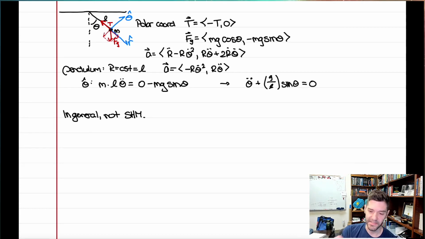You can solve this pretty easily on a computer, and you would get some curve that looks very close to being sinusoidal, but as it turns out, as you make the initial value of theta bigger and bigger, if I have a displacement that's, say, 45 degrees and let that swing, it does obviously oscillate back and forth, but its motion is not given by a simple trig function.